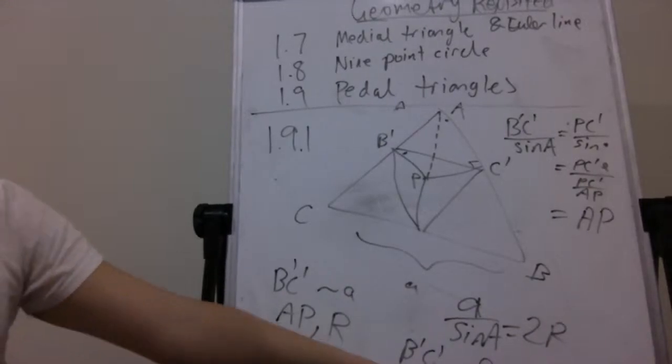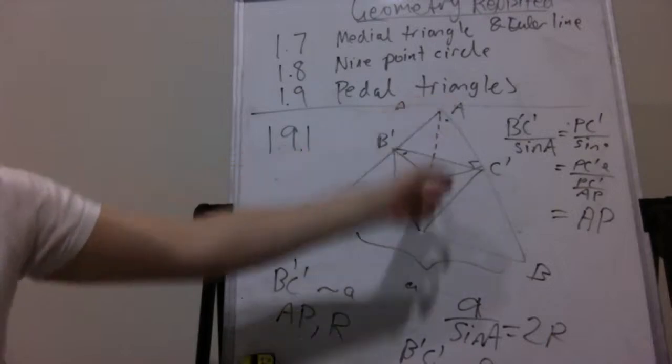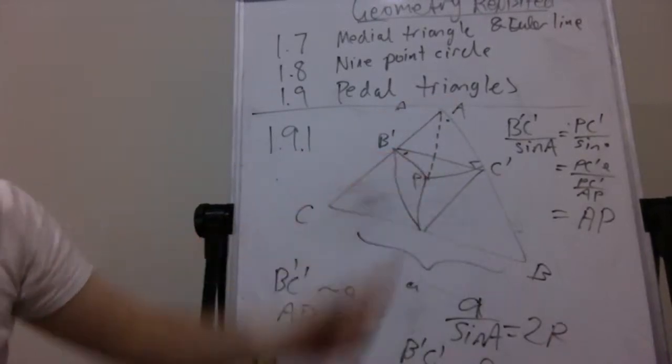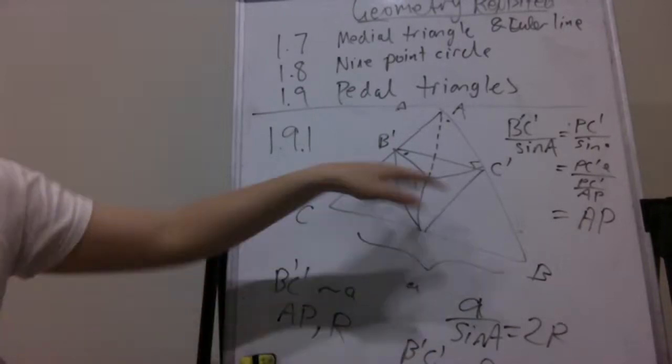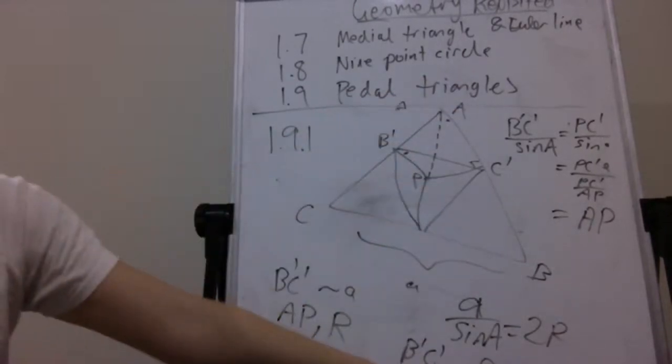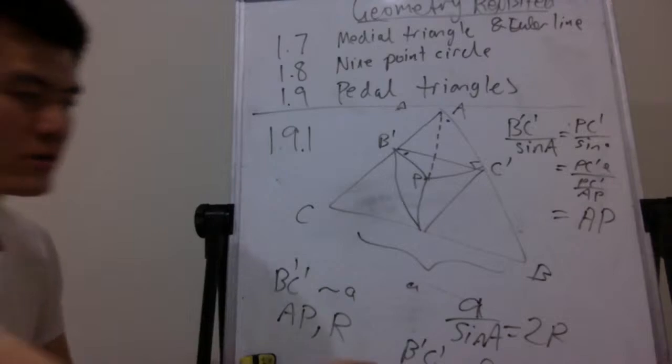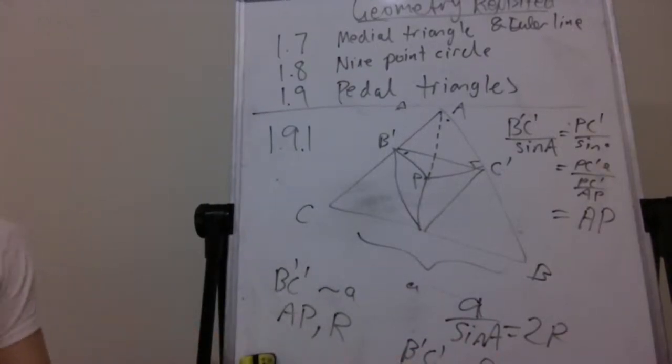The ratios depend on the distances between the point and the vertices. This works for all three; this is just one of the sides, and with little b, it's just capital B there.